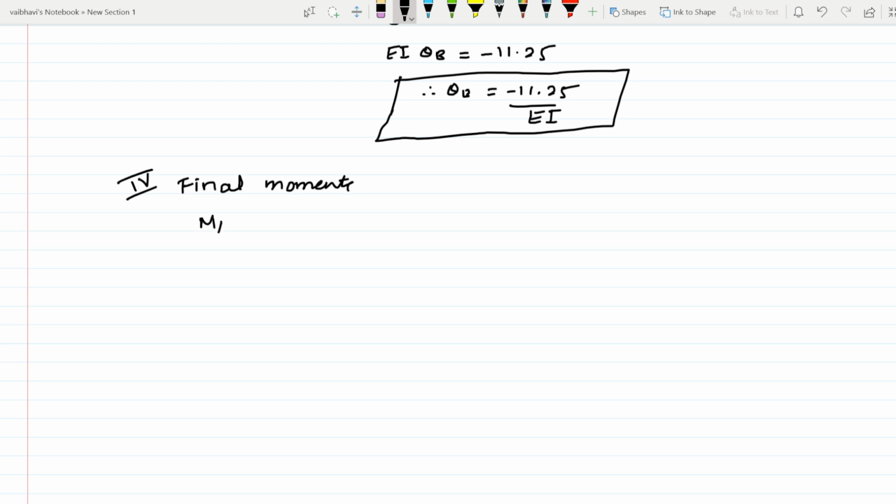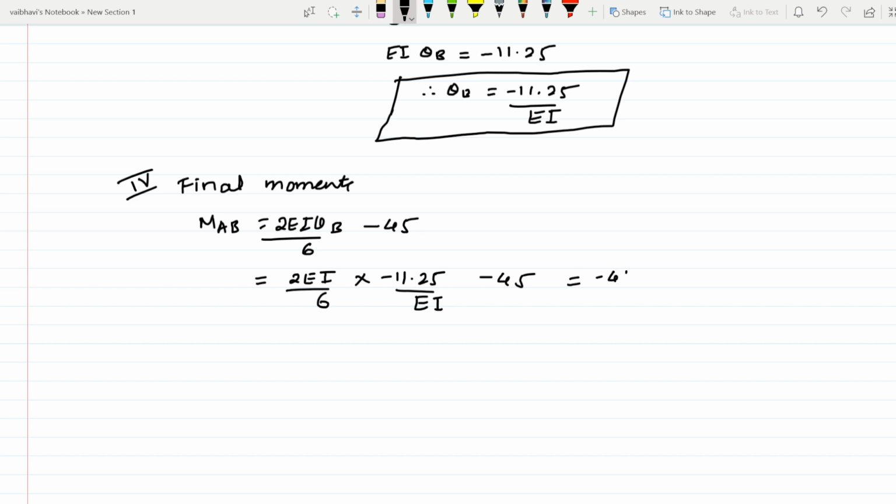Already we know slope deflection equation MAB equal to 2EI theta B by 6 minus 45. 2EI by 6, theta B is minus 11.25 by EI, minus 45, which is equal to minus 48.75 kilonewton meter.